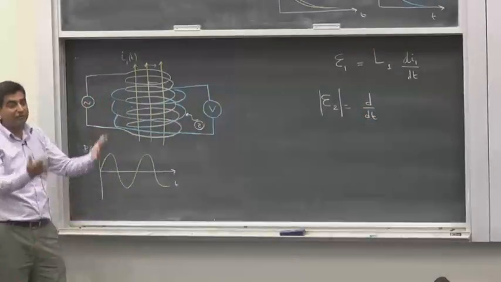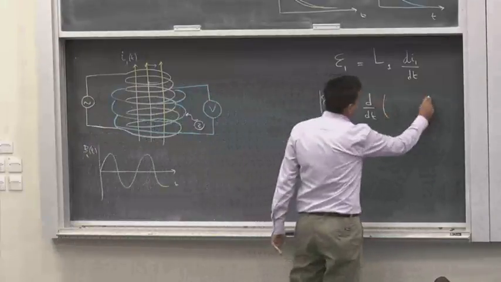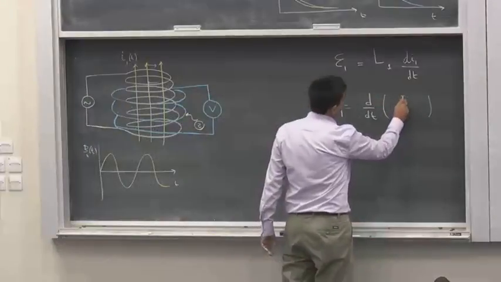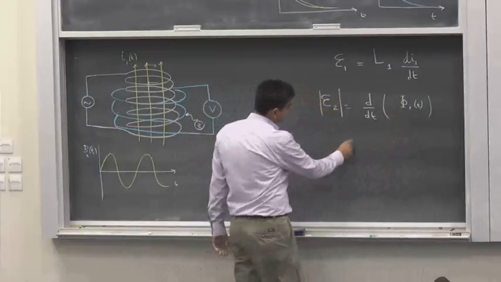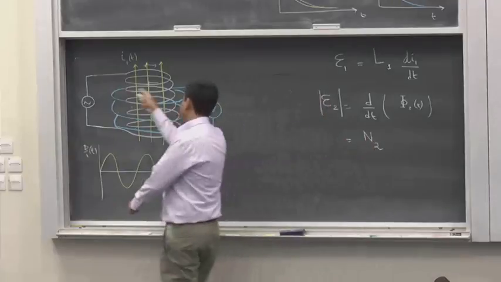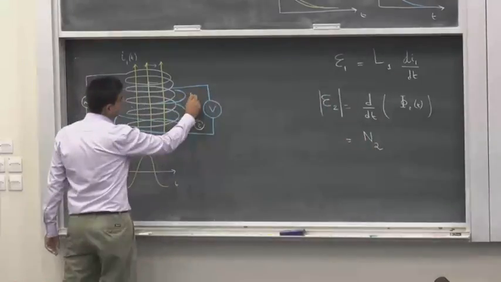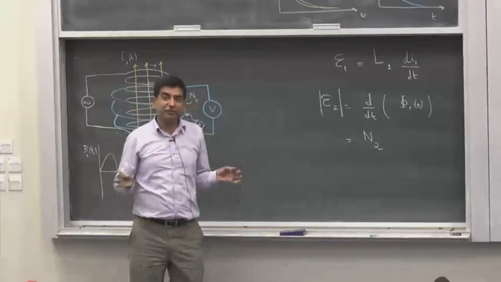So that flux is going to be equal to, let's call it, phi 2(t). That phi 2(t) is going to be given by the number of turns of the second solenoid, N2. This has N2 turns, times the field times the area.